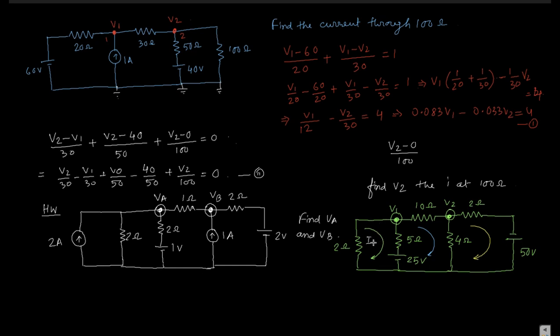Just find V1, V2, then I1 is V1 by 2. I1 is flowing in this network, so V1 by 2 is nothing but I1. So whatever V1 is, you just put that V1.